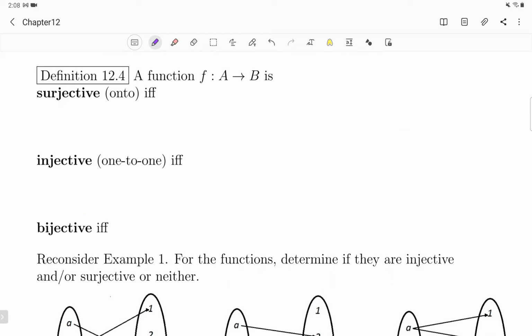We have a function with domain A and codomain B. We call that function surjective, though oftentimes we'll use the word onto, if and only if, for every little b in capital B, there exists little a in capital A with f of a equal to little b.